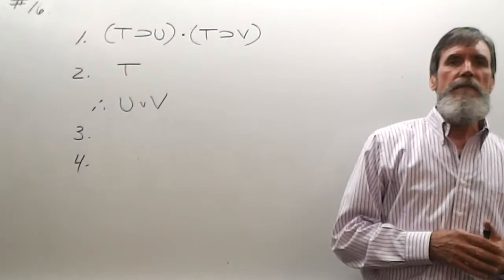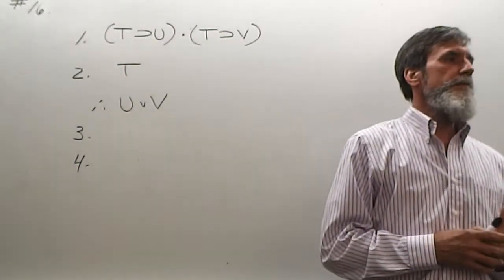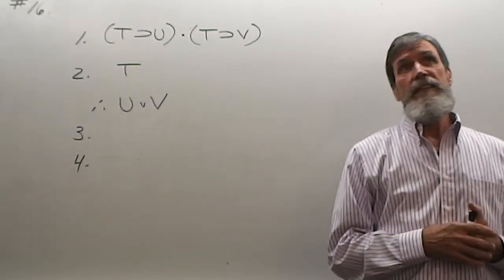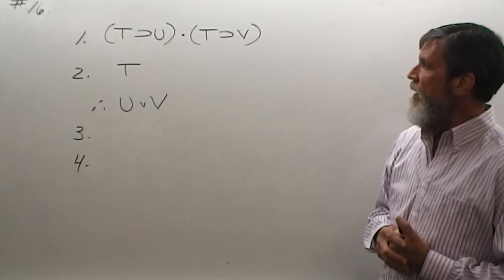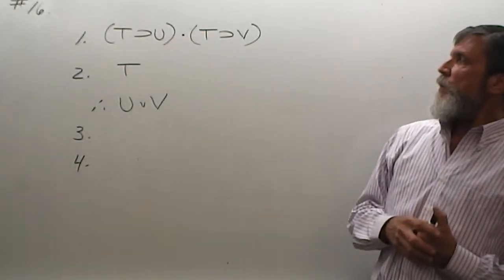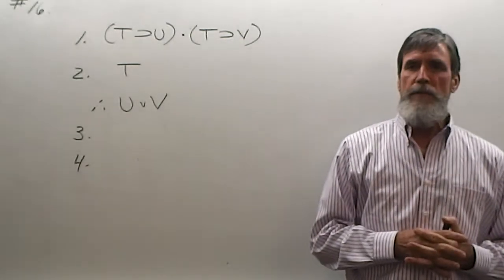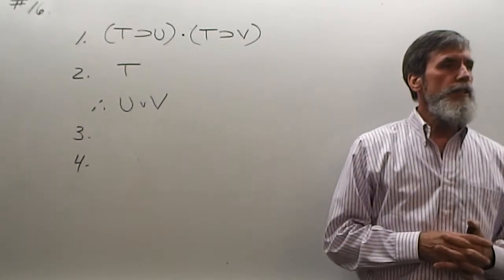So either premise of conjunction, the premise of addition, the second premise of modus ponens. I think that's it, unless I'm forgetting something. Okay, our conclusion does not exist in the premises. So we know the last step of the proof is going to be to create U wedge V.